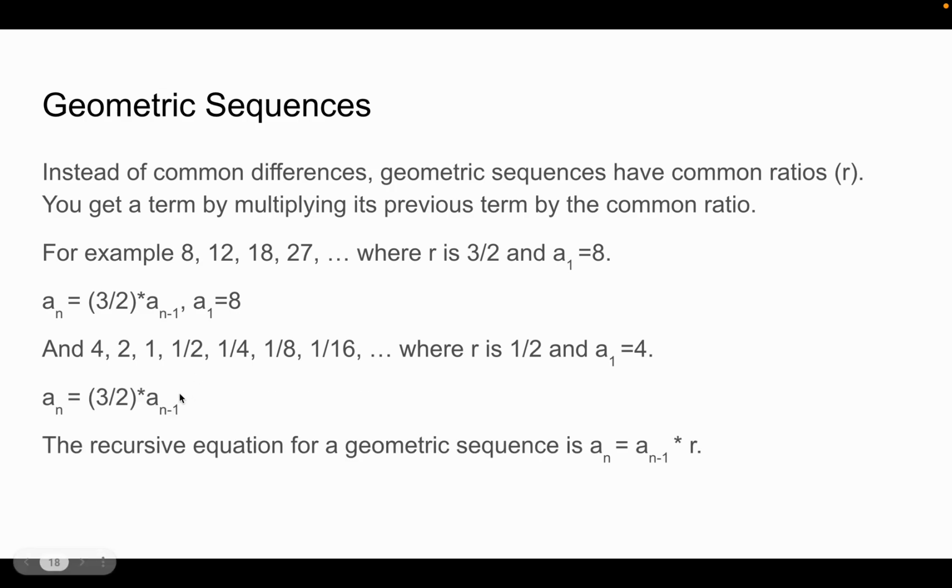And we can do the same thing for the next sequence. And actually, wait. Sorry about that. This should not be 3 over 2 times an.